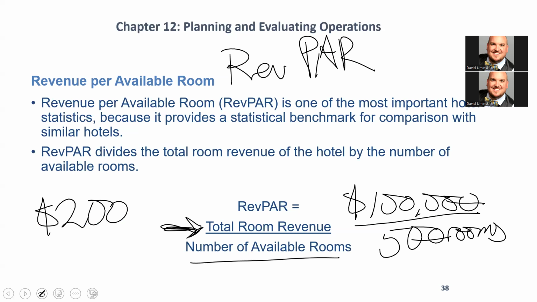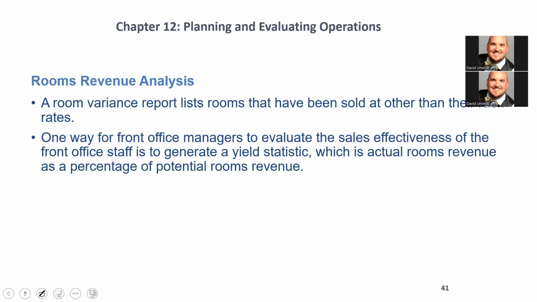But if I have 500, I have 200 more rooms I have to sell. And so by looking at RevPAR, it puts those hotels on an even playing field, right? My ADR could be super high, but that's because I have 200 more rooms to sell. If we look at it based on the per available room, that is what's going to give us a more equal comparison.